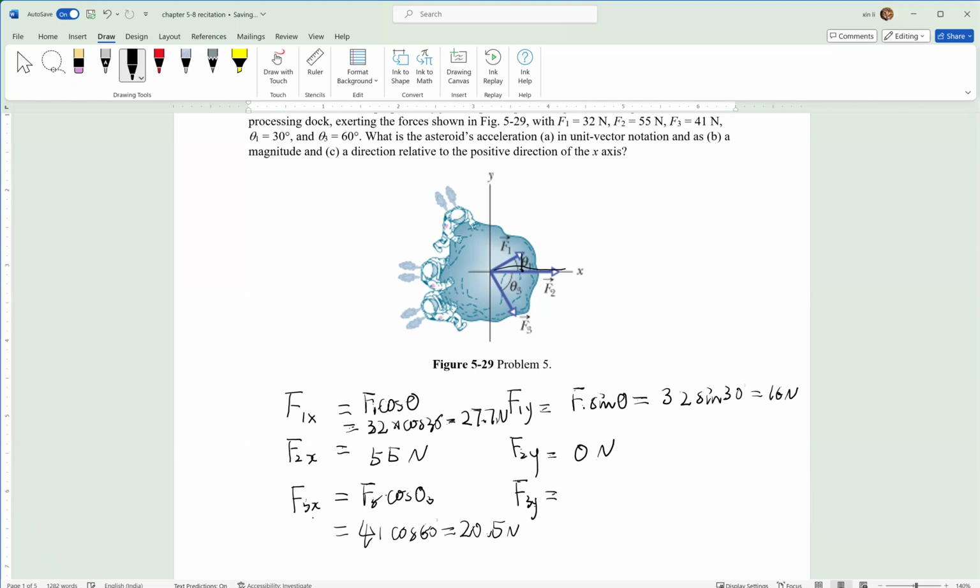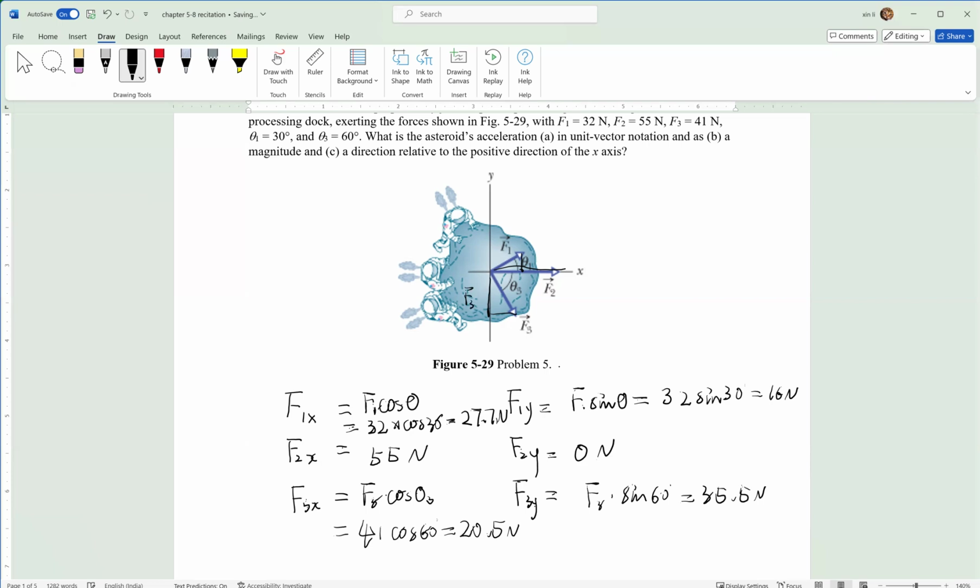And also F3y, but be very careful. This angle is 60, but for F3 you are going to have a negative component, okay? It's going down. The magnitude you can write like this: F3 times sine 60. And then you are going to get 35.5 Newtons.